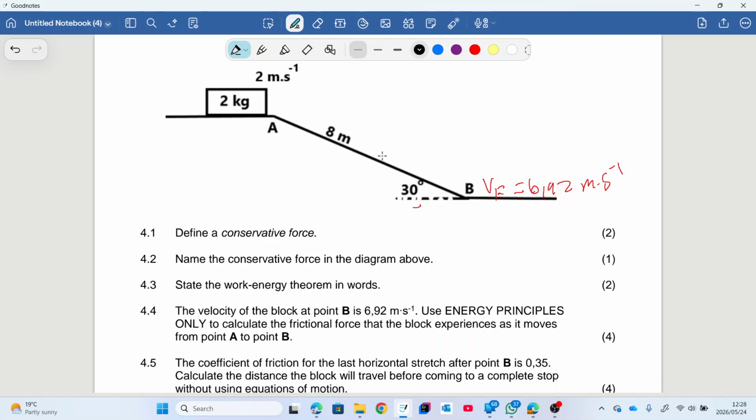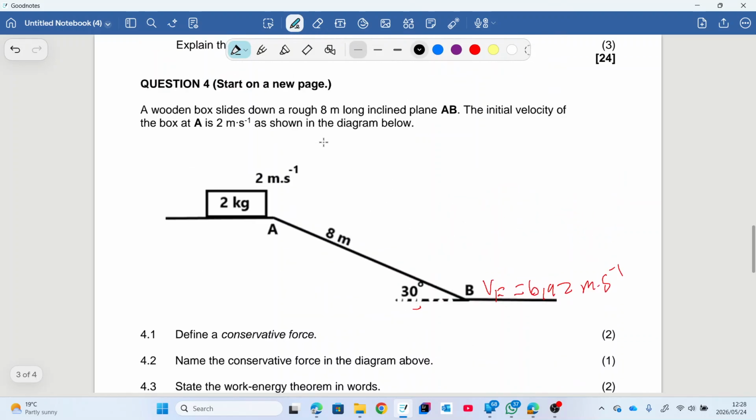And then the final velocity here, I can see it is 6.92, right? Now, the initial velocity of the box is 2, right? So they give me the initial velocity to be 2, and the final velocity to be there. Okay. So now I think I've got enough information.